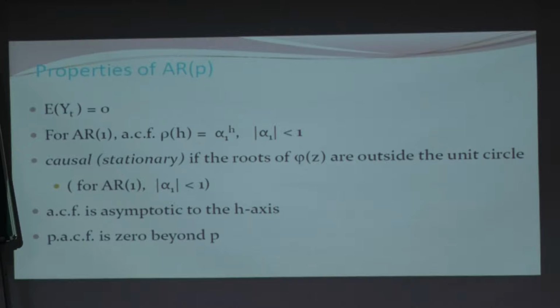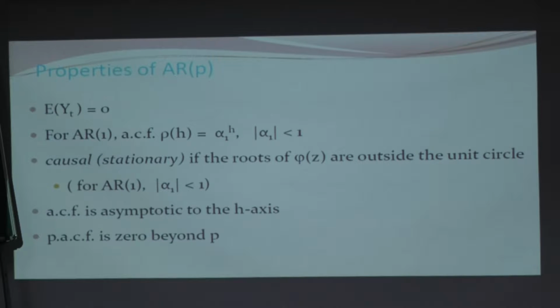Because the PACF is 0 beyond P, if you see that the PACF is becoming 0 at some point, you'd know that it is an AR process with order just before the point it becomes 0. Because if it's an ARP, then from the P plus 1 point it will become 0.